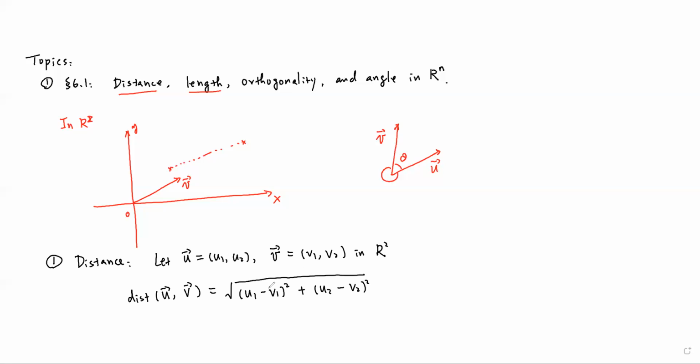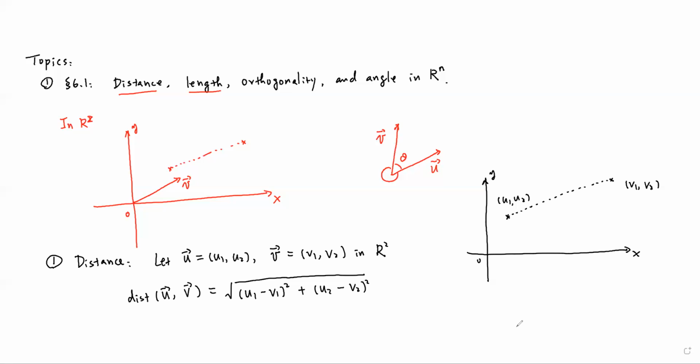Now the question is how to get this formula. This is an XY plane. Suppose the point U is here, U1, U2. The second point is here, V1, V2. The distance between these 2 points is this number by the Pythagorean theorem.